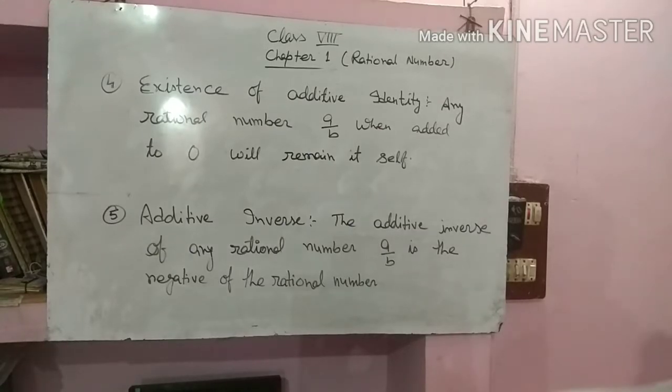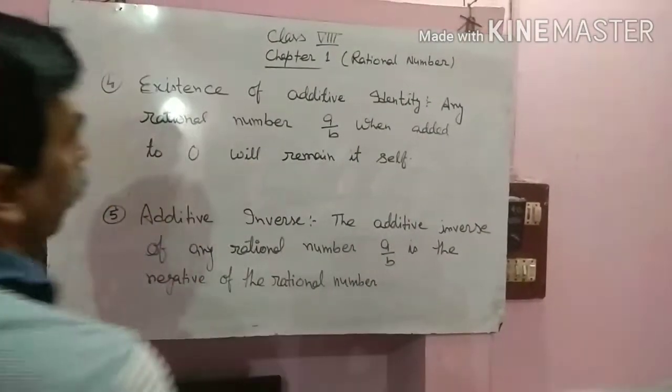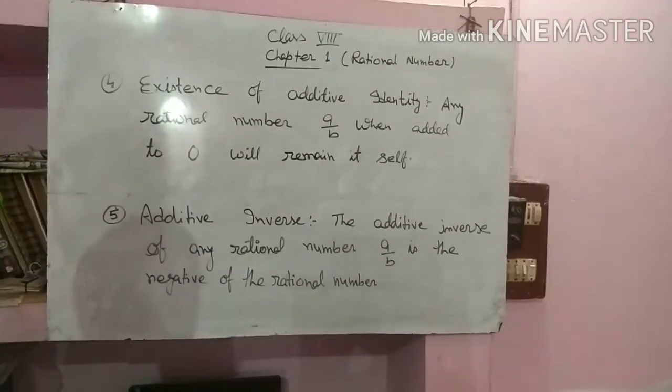Okay, look here at some other properties of rational numbers, which is the existence of the additive identity. The first one is that any rational number A by B when added to 0 will remain itself.